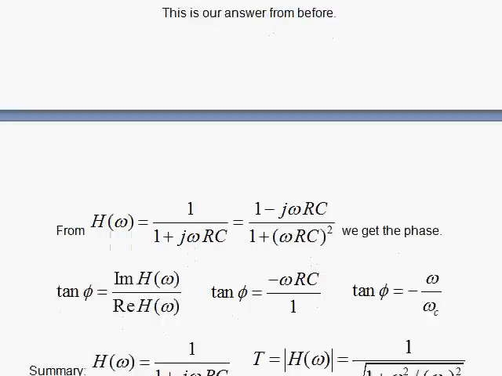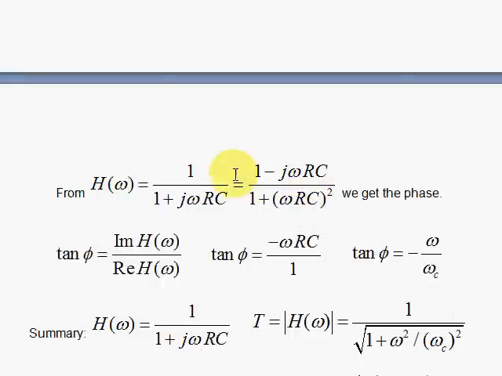So here we can get the phase by simply multiplying the top and bottom of this thing by the complex conjugate of the denominator. So I get 1 minus j omega RC up here, and then I get 1 plus omega RC squared below, and then the tangent of the phase angle is given by taking the imaginary part, minus omega RC, and dividing by the real part.